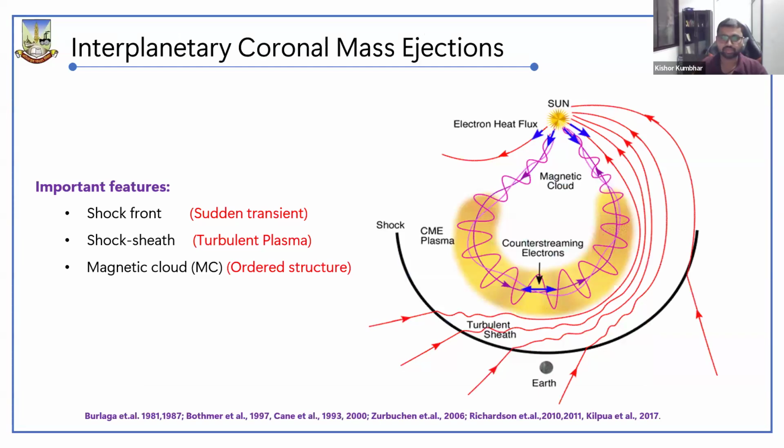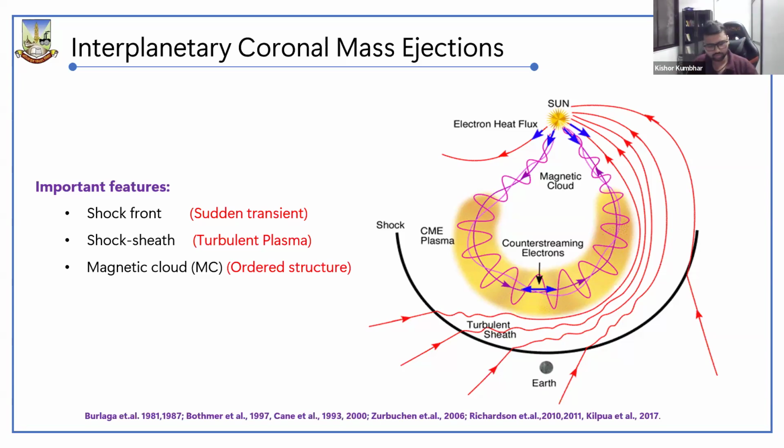This ICME is basically a three-part structure consisting of a leading shock front, which is followed by a turbulent sheath region, which exhibits signatures such as high temperature and high compression. And behind this turbulent sheath region, we have the magnetic cloud, which is an ordered magnetic structure, which sometimes has a magnetic flux rope, or we can say a rope-like structure, embedded inside it, which has its foot points anchored at the sun.